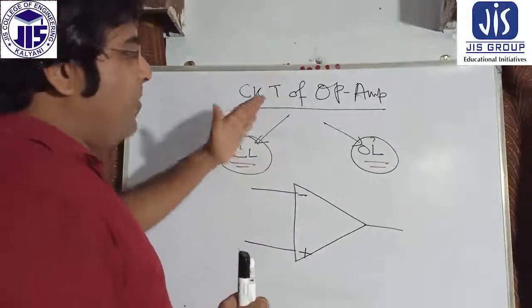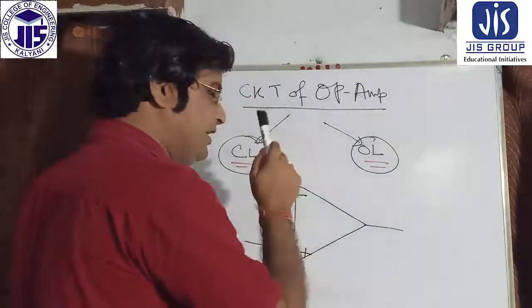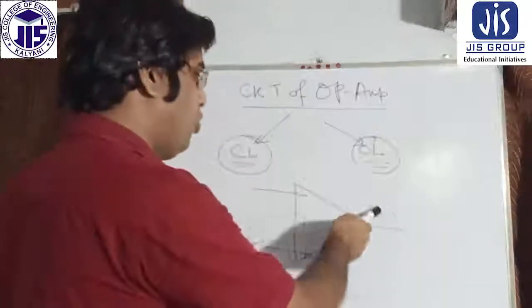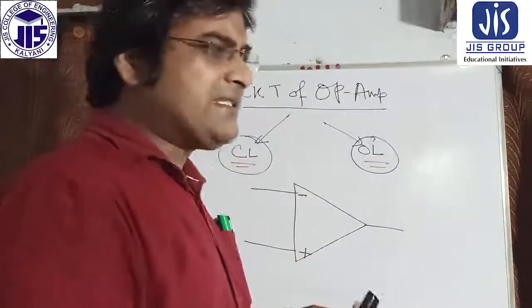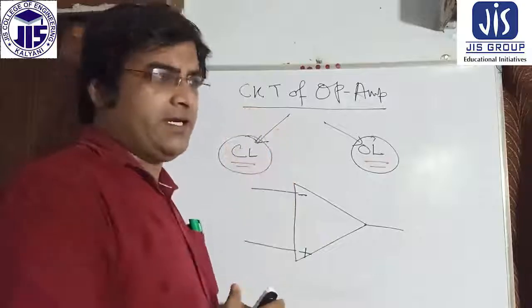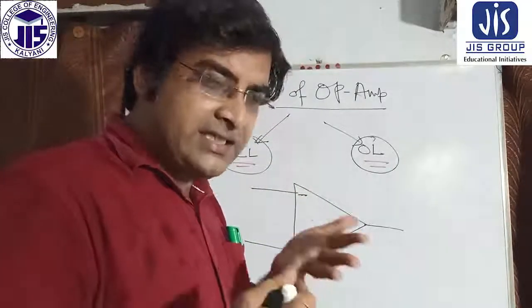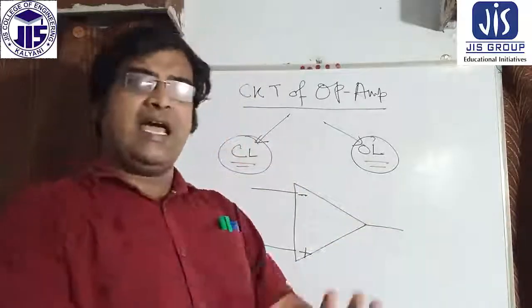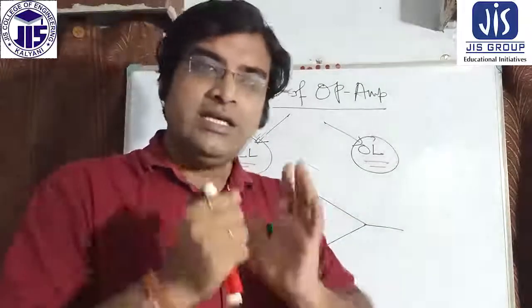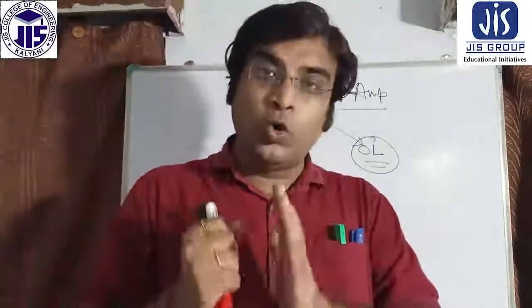Now closed loop and open loop. If there is no connection between the output and the input side, then it is the open loop circuit. And if there is any connection, then it is the closed loop. But this is not perfect. You will understand after a certain time that this particular definition is not perfect. We can say if there is any feedback path, then it is called a closed loop circuit.